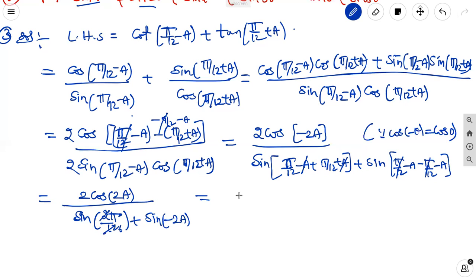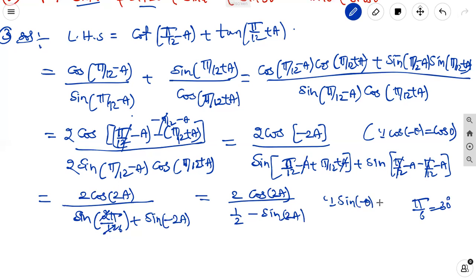It is equal to 2 cos of 2A by pi by 6 means 30 degrees. Cos 30 is 1 by 2, 1 by 2 minus sine of 2A. Why? Because sine of minus theta is minus sine theta.